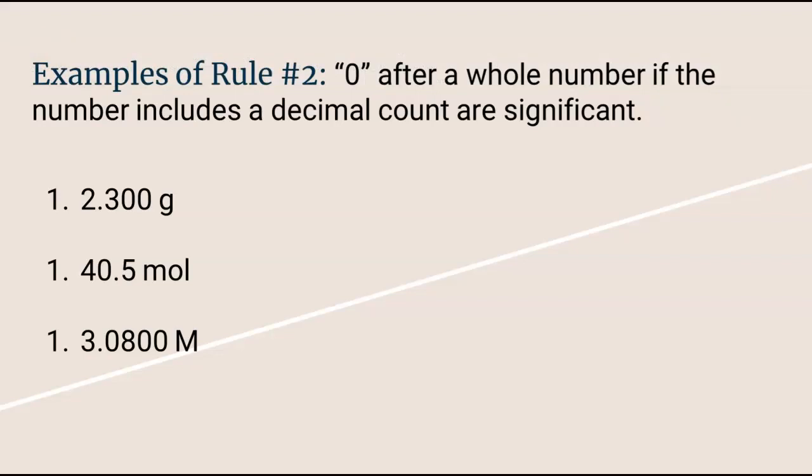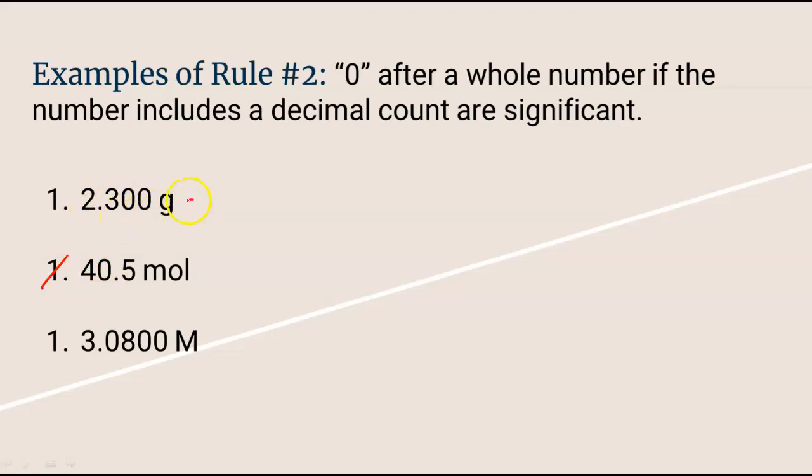So remember, for rule number 2, zeros after the whole number, if the number includes a decimal, are significant. So for this first one, you're going to see that in this situation, we have the zeros after the 3.